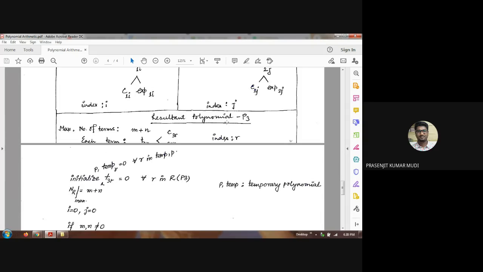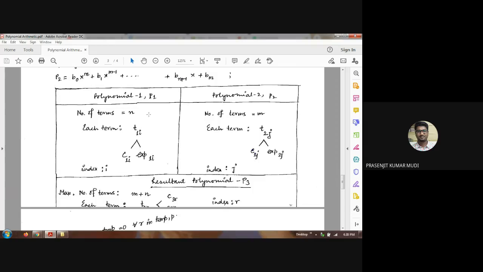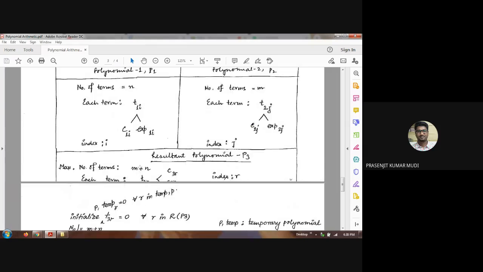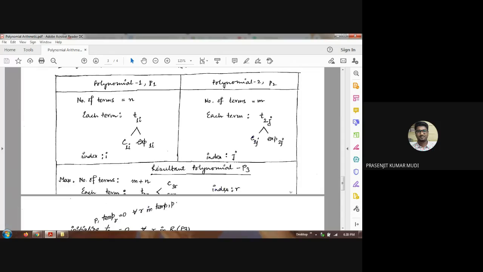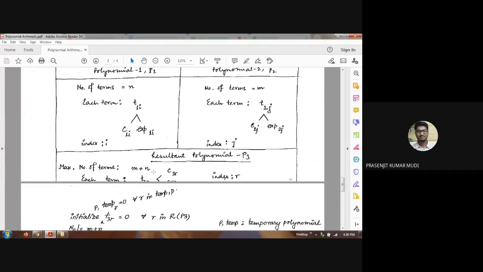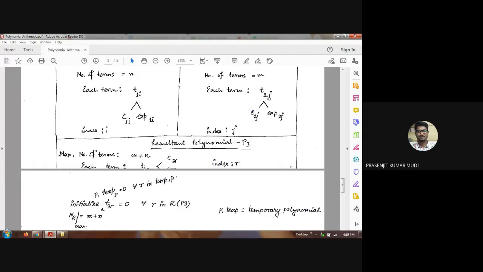Now the resultant polynomial P3, maximum number of terms should be m plus 1 plus n plus 1, that is m plus n plus 2. So please make a correction with this. Each term is actually cropped here, I'm just dictating.